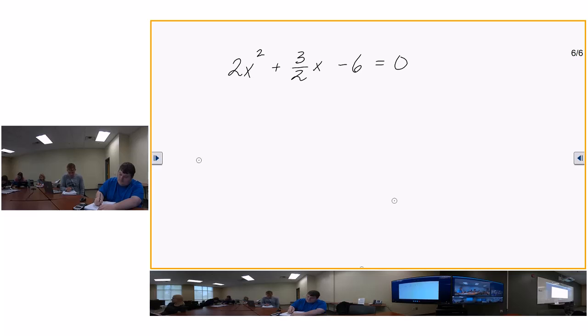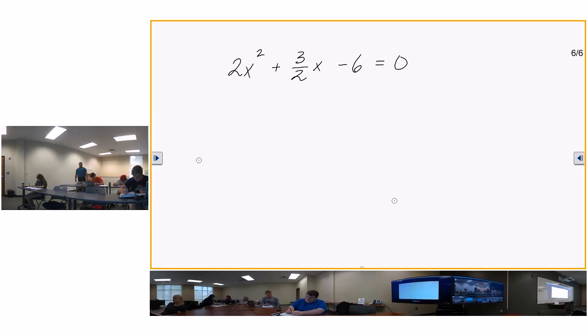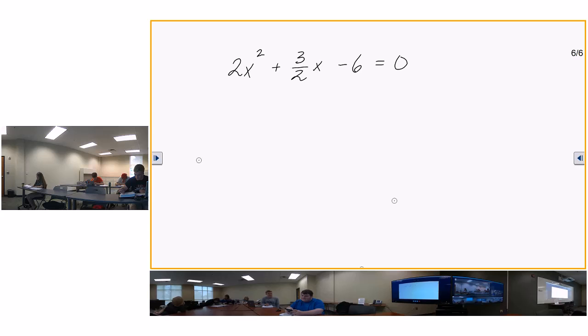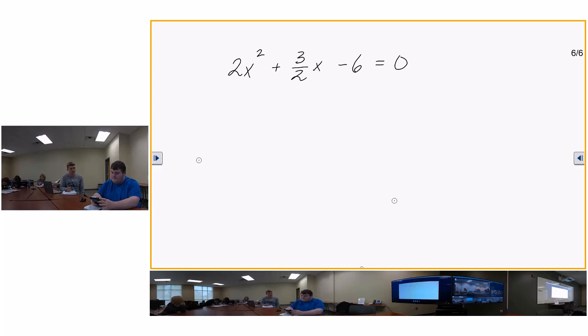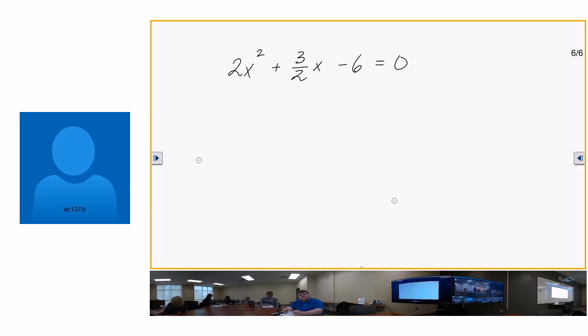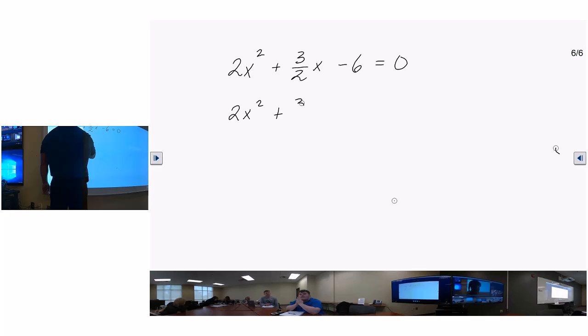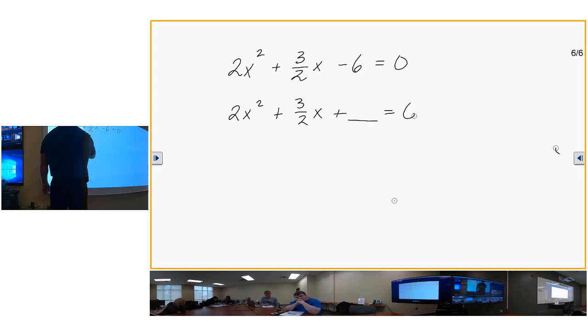Now, I'm prepared for about 90% of y'all's heads to explode when you factor out the 2, because most of y'all were on calculator drill team in high school. 2x squared plus 3 halves x plus blank is equal to 6 plus blank.